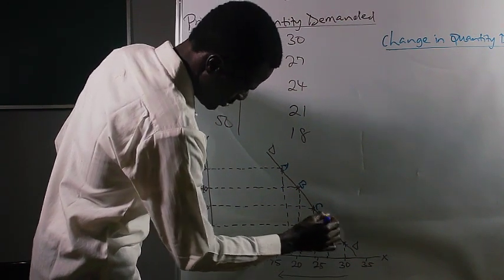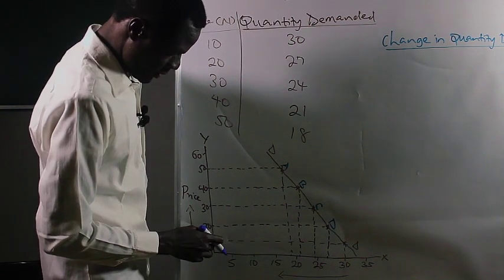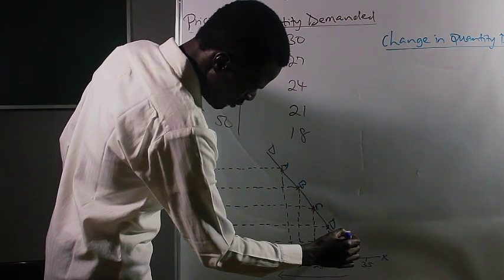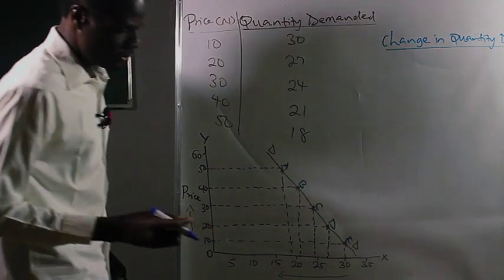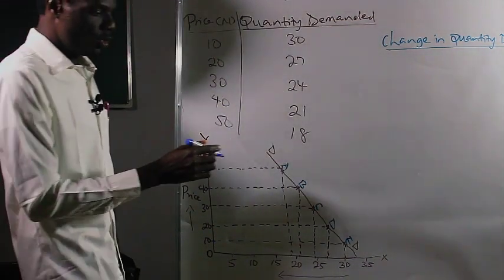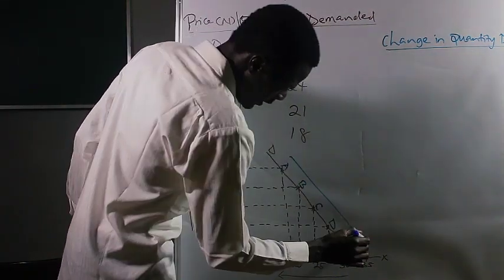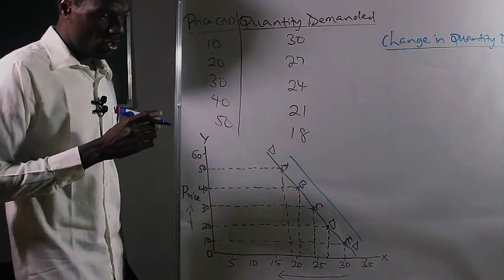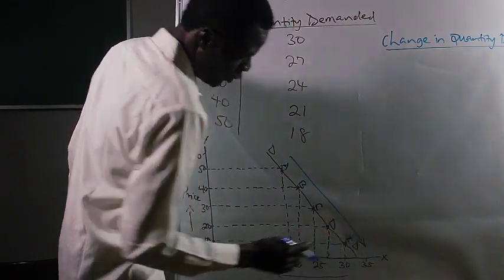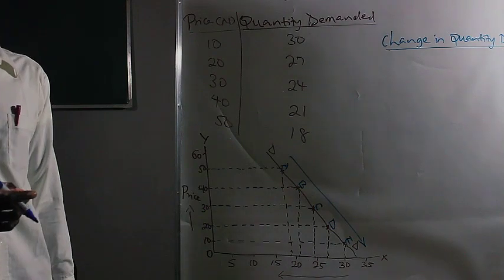So we mark it D. And finally, when the price was 10 naira, the quantity demanded was 30. So this is what we call movement along the demand curve, or a change in quantity demanded.